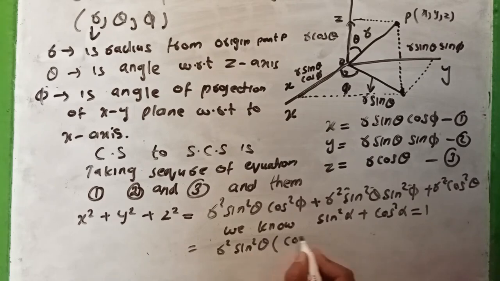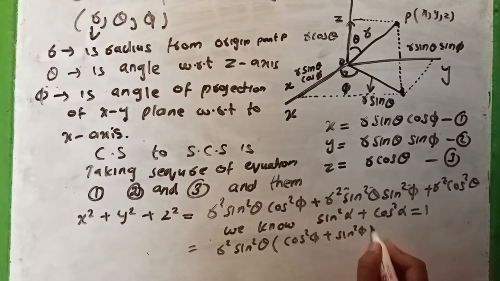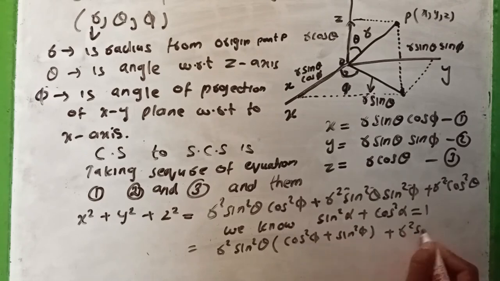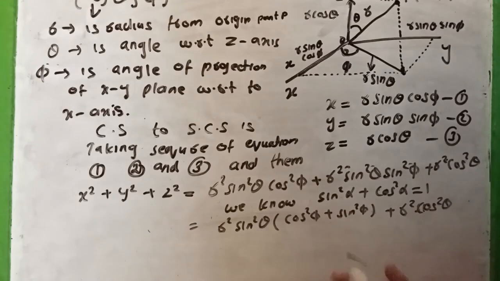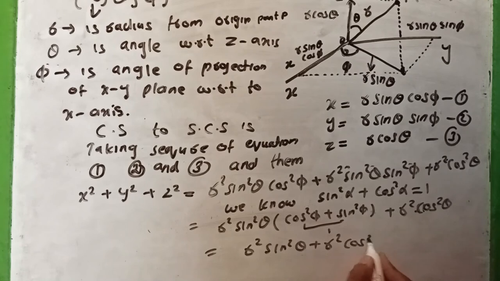So this becomes cos square phi plus sin square phi, plus r square cos square theta. This term is equal to 1. So this becomes r square sin square theta plus r square cos square theta.